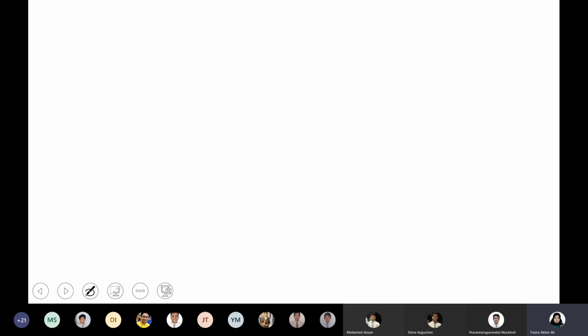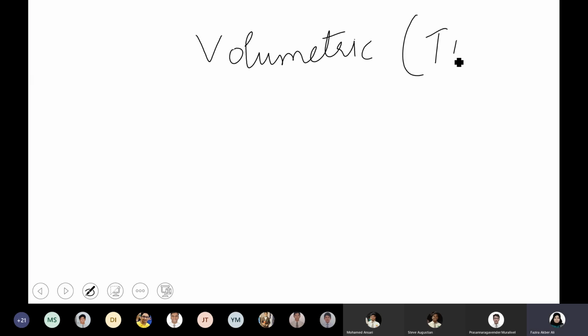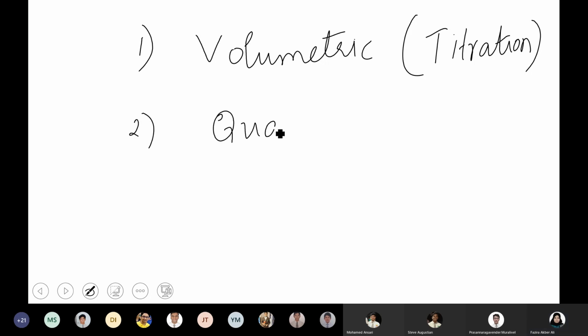Other than that, the two major important practicals that you're doing in grade 11 can be classified as volumetric analysis, which we used to call titration, and the second one is qualitative analysis. Volumetric analysis comes under quantitative analysis.